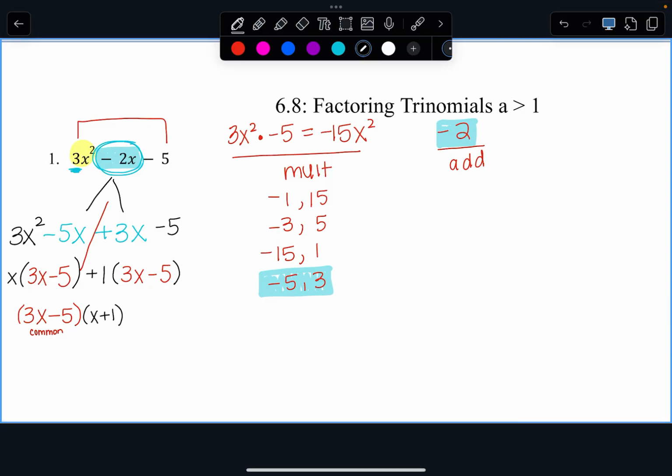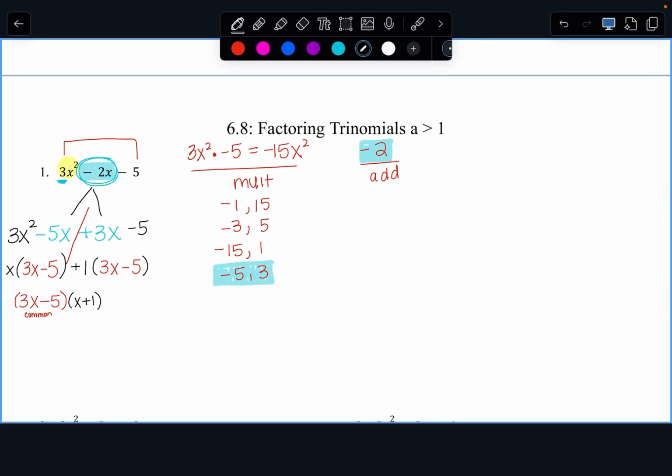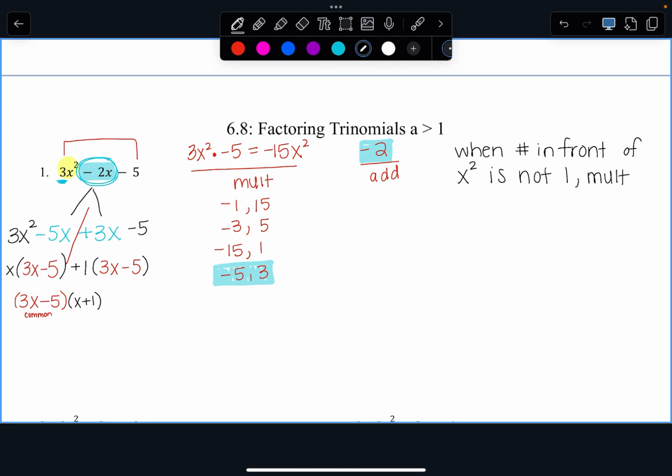So in general, to be able to factor these, when there's a number in front of the x squared term that is not 1, multiply your first and last terms together.